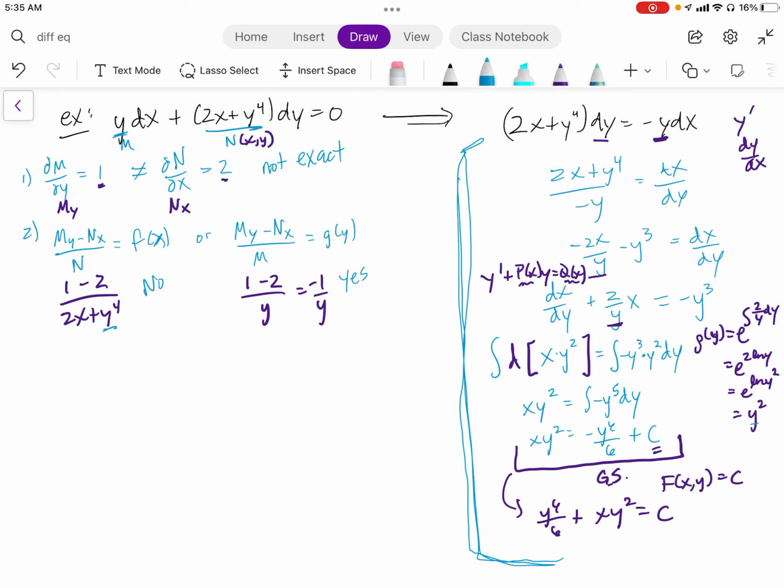Moving back to here, to the left. I stopped there to pause, and the next step would have been finding an integrating factor if we had this, we'll stick with blue, the f of x, then our integrating factor rho of x would have been e to the integral f of x dx. Okay, I'm not going to go through the proof of why, but the rho of y actually gets a negative, e to the negative integral g of y dy.